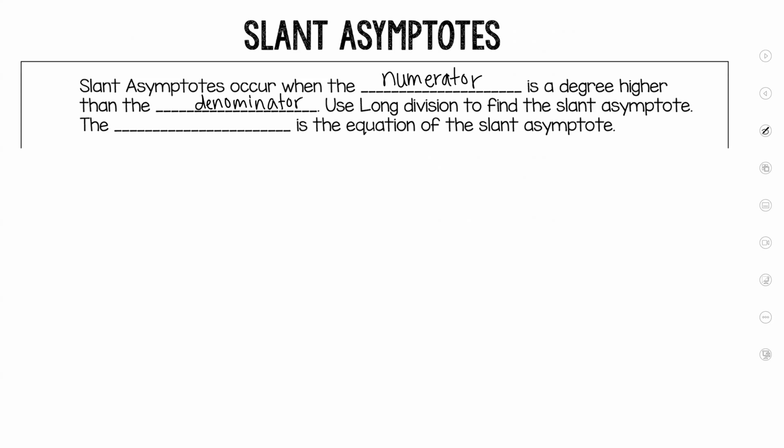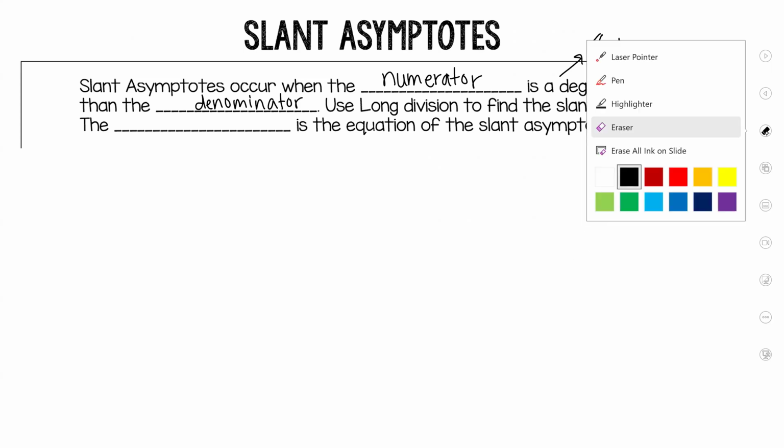And when I say a degree higher, I just mean 1 degree higher. So if you have x cubed in the numerator and you have x squared in the denominator, that's a difference of 1 degree. Okay, so when the difference is 1 degree, you will have a slant asymptote.